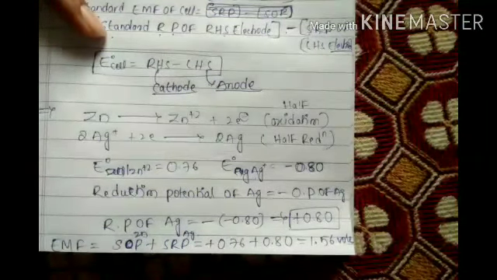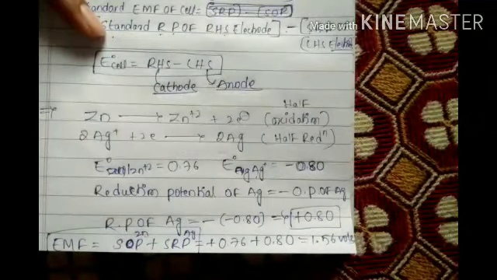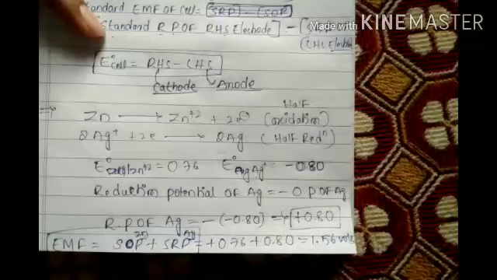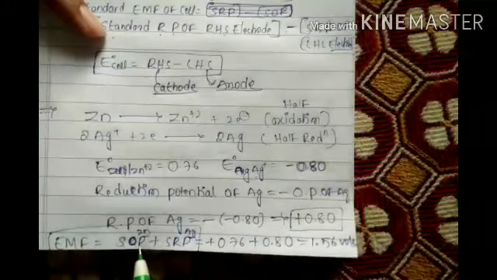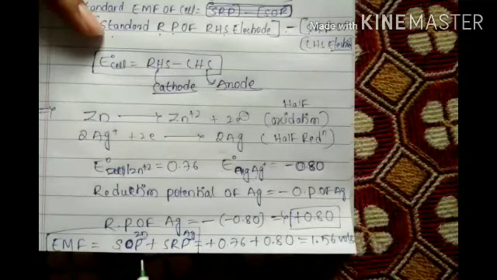I think you didn't understand this, right? EMF of cell, standard reduction potential of right hand side electrode by left hand side electrode. This is SOP of oxidation of cell, SRP of reduction of cell.